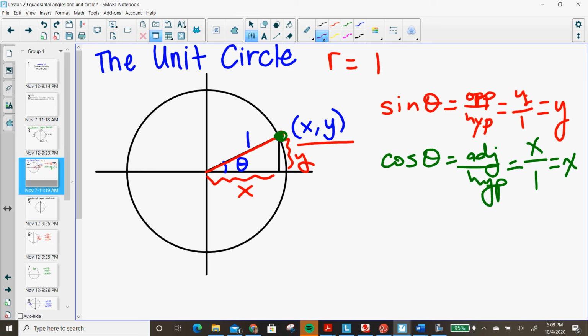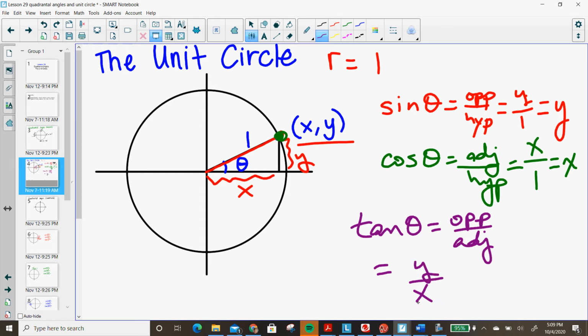Now, tangent gets a little bit more interesting because the tangent is going to be opposite over adjacent. So that is going to be opposite is y over adjacent is x, as long as we're on the unit circle. But we just saw that y is also the sine of theta.